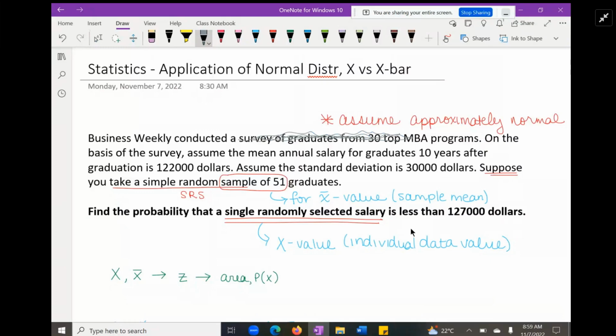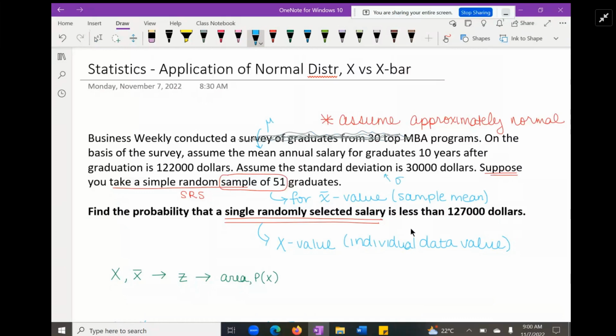So we're going to treat the mean value and the standard deviation they give us as parameters, population values. The mean here we will call the population mean, so we can label that as mu. You'll see me rewrite this later. And the standard deviation here is the population standard deviation.